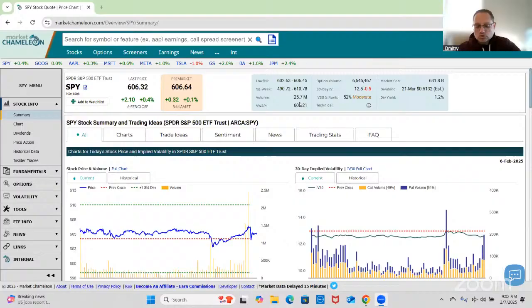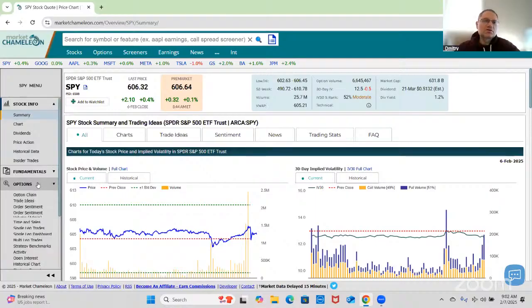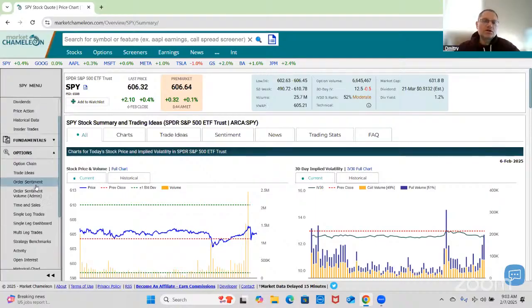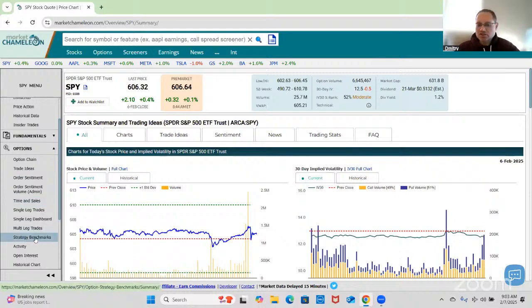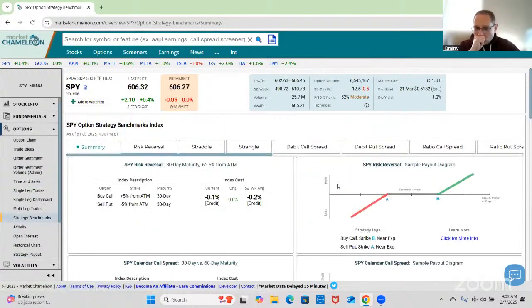Let's take a look at it. We'll use SPY in our example. If you type in the symbol up top in the search, you will come to this summary page, and on the left-hand side you have this menu. You click on options, and we're going to go to this strategy benchmarks tab.